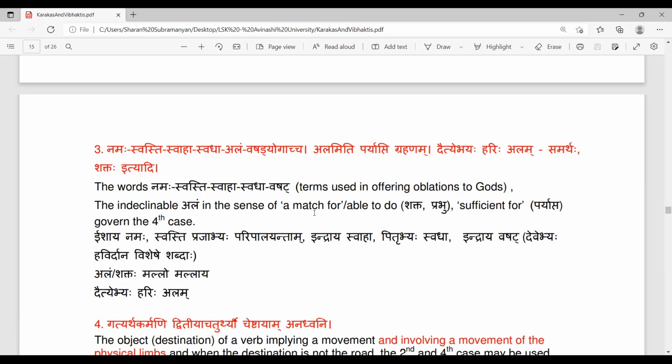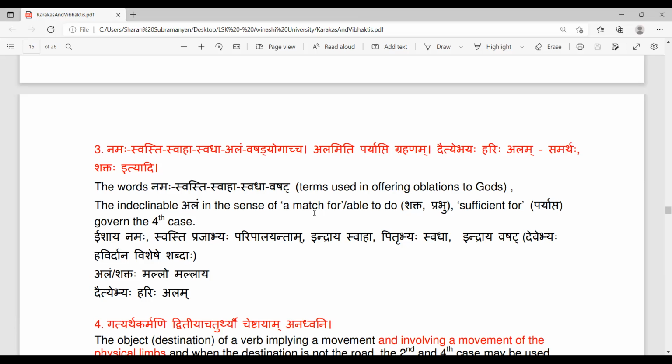Therefore, these are Upapada Vibhakti. Example: Isha Namaha, namaskara to Isha, the Lord. So the word Namaha governs the word Isha in Chaturthi Vibhakti. Then Swasti Prajabhyah Paripalayantam, it's a mantra: Nyayena Margena Mahim Mahishah.